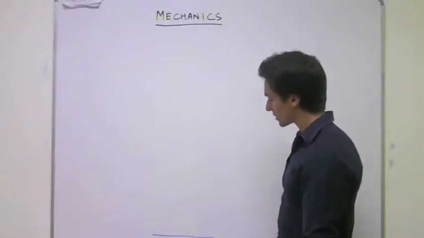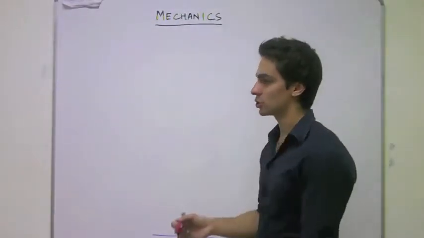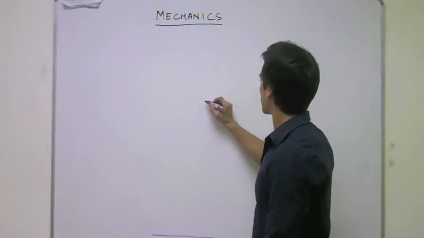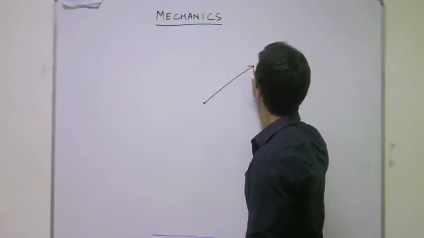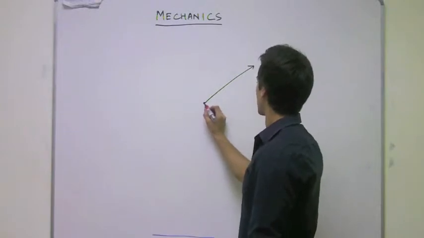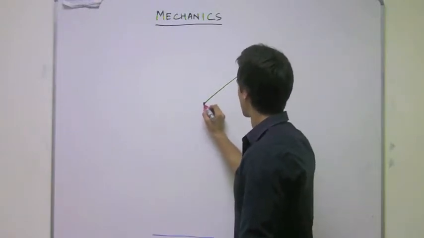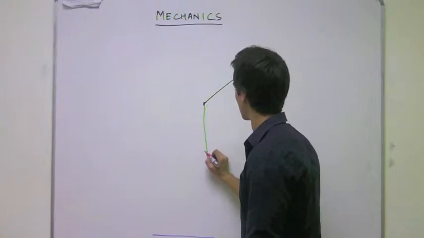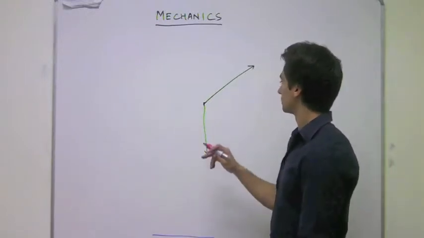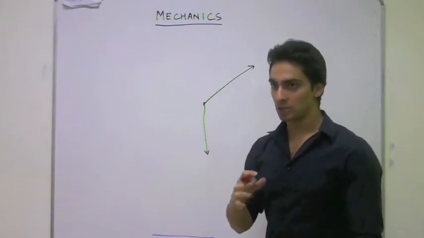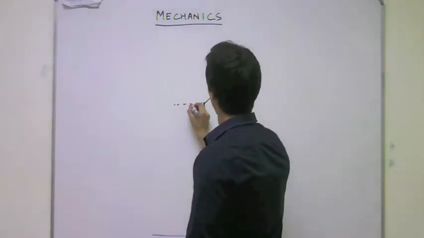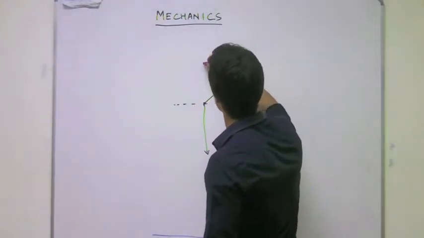Now, before this, you could also talk about resolution of forces or vectors. If you have a vector in one direction and another vector in another direction, and you want to find the sum total of these vectors, the convention is to find the orthogonal components of these vectors.